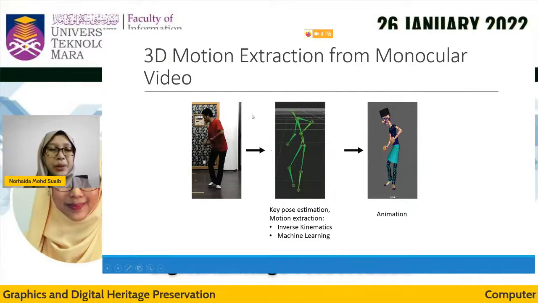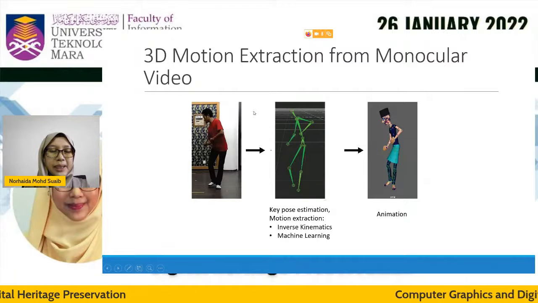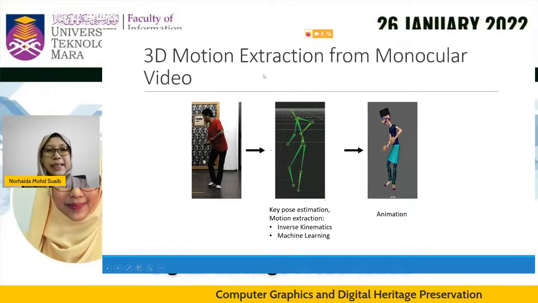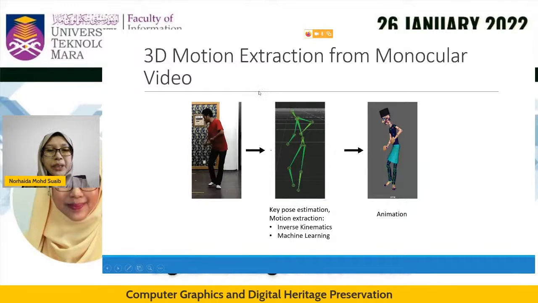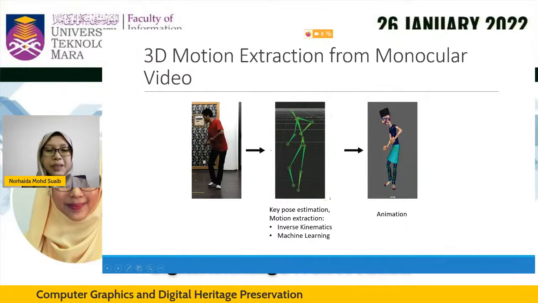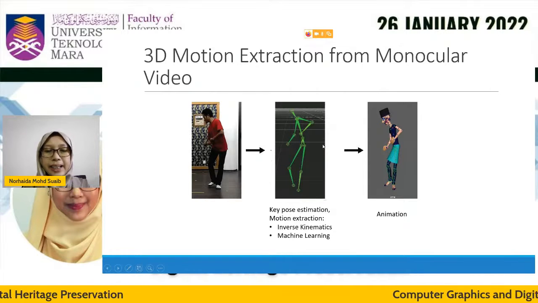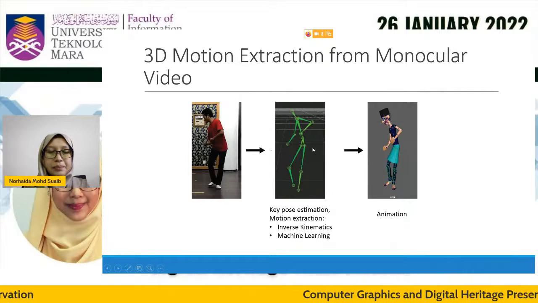So what can we do with that? Based on the discussion, we have the idea to do the motion extraction, so that if we don't have the motion capture device, we only have the video, we can still create or get the movement data.